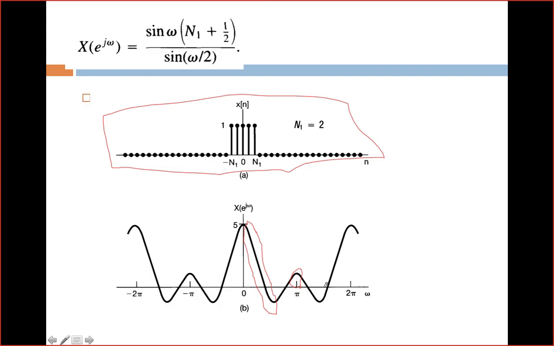The term will have positive and negative values alternately, depending upon the value of omega. So this is the magnitude plot of the given problem.